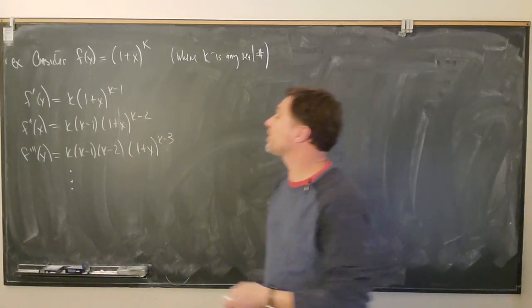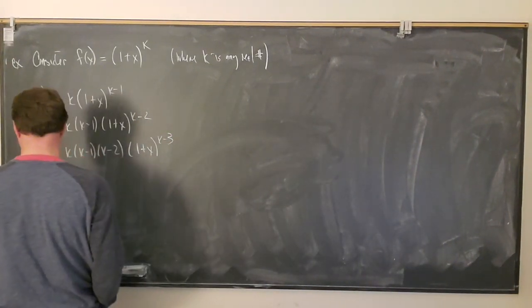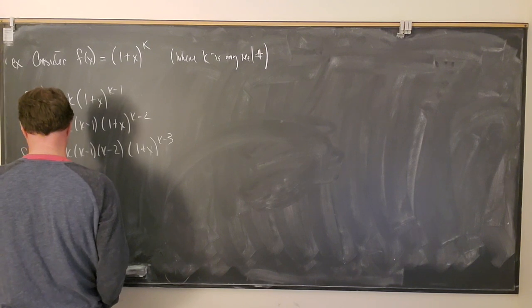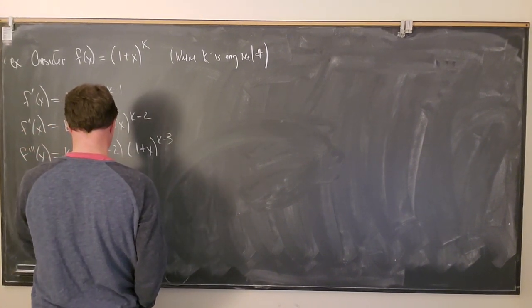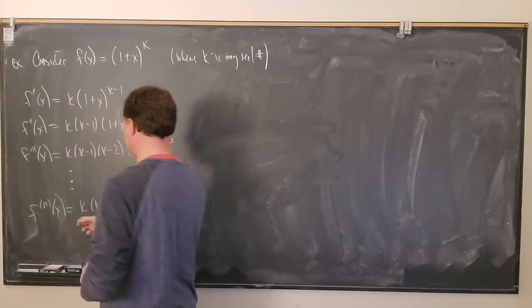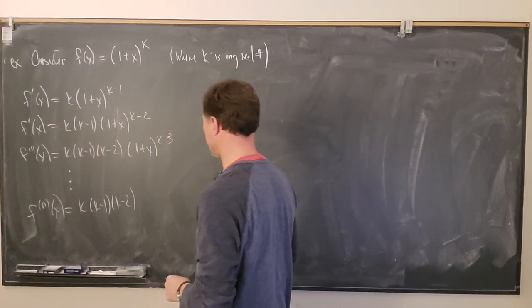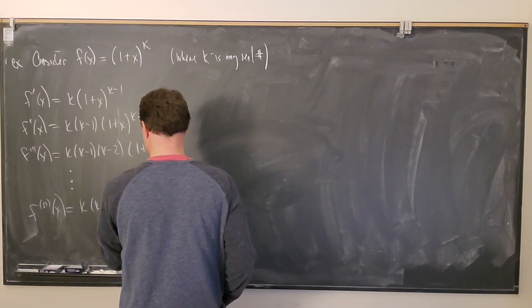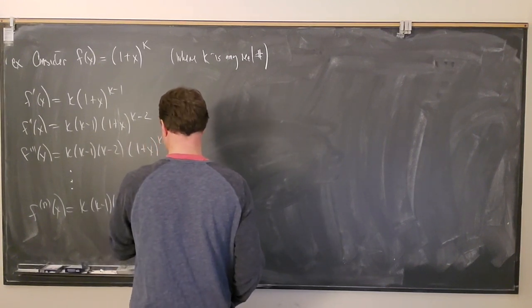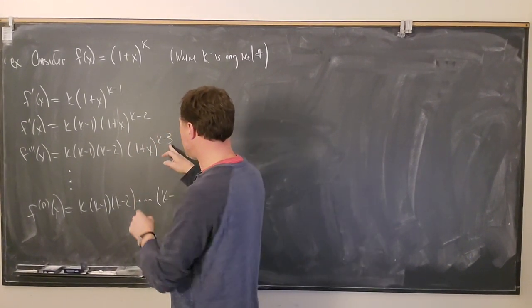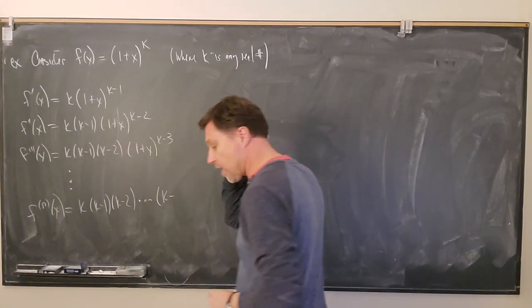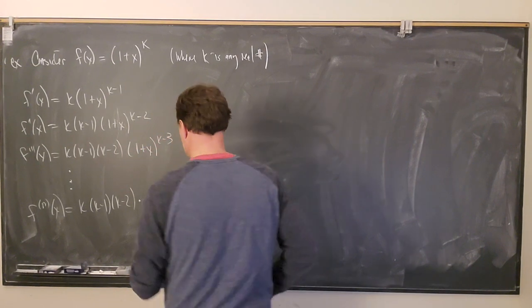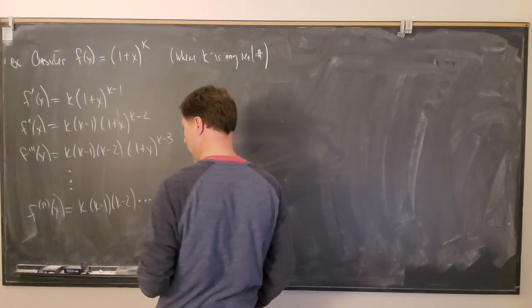Sorry. Okay, so now let's write down the formula for the nth derivative. And so how would that go? We'd go k times k minus 1, k minus 2. So we need to keep taking derivatives till we get to the nth derivative. So that's going to be k minus, now notice how the number here compares to this one here, right? It's off by 1. And so what it's going to be is k minus n plus 1.